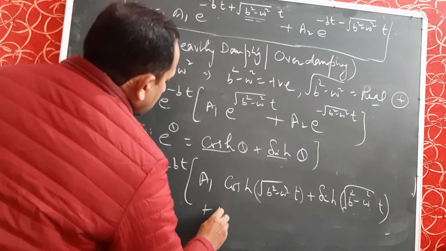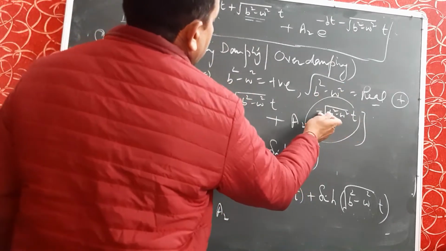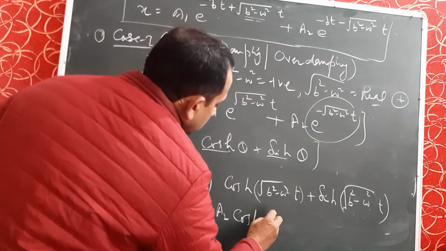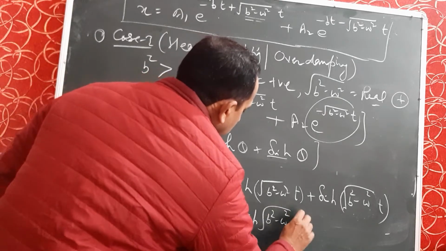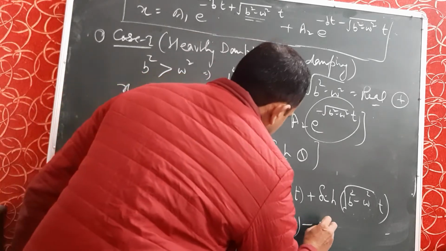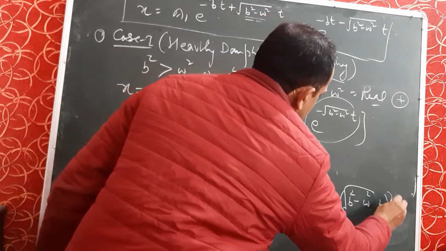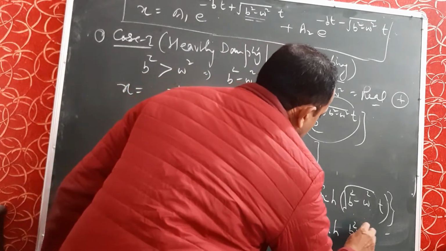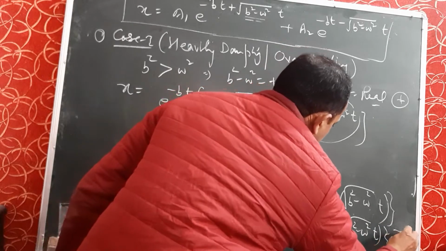Similarly, the second term is a2 into e power minus theta, so it is cos hyperbolic of under root b square minus omega square into t, minus sin hyperbolic under root b square minus omega square into t.